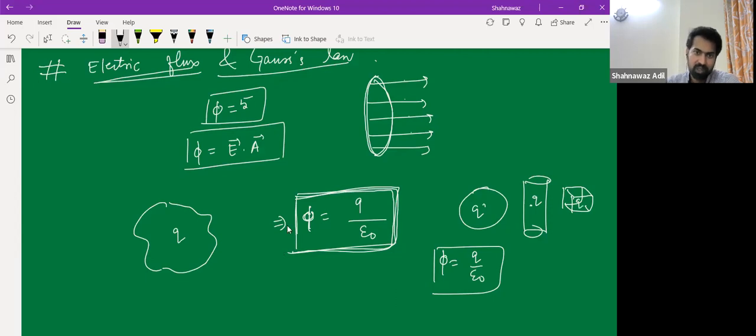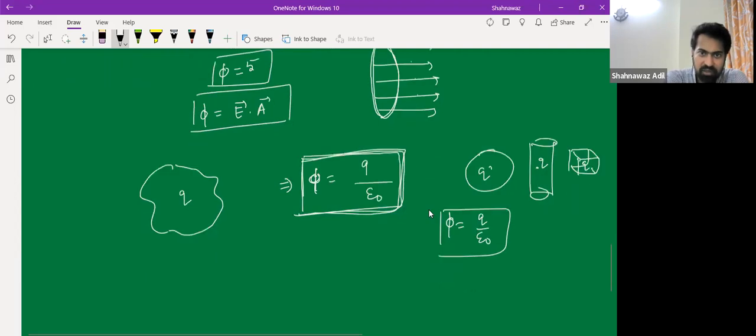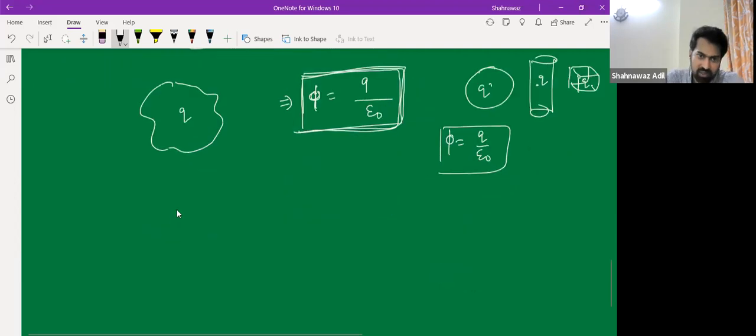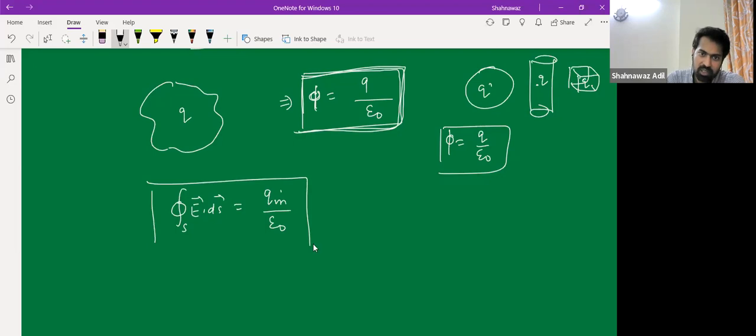So my flux in a closed surface is represented by this, Q inside by epsilon naught. So this is the integral form of Gauss law.